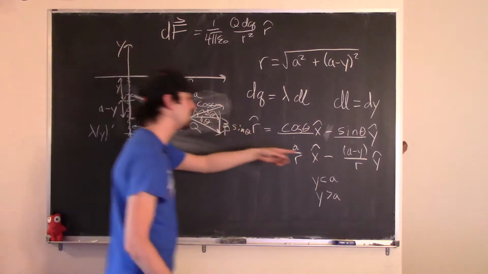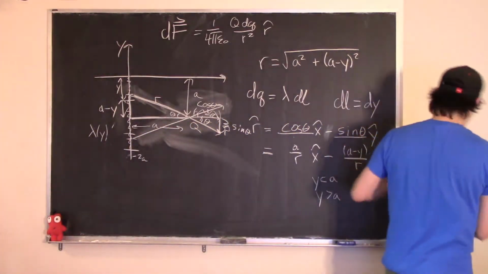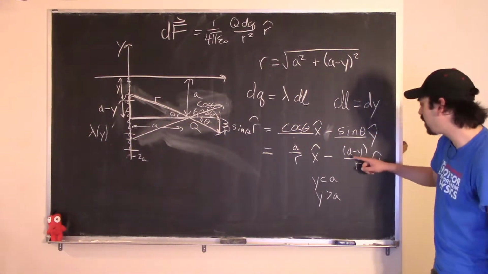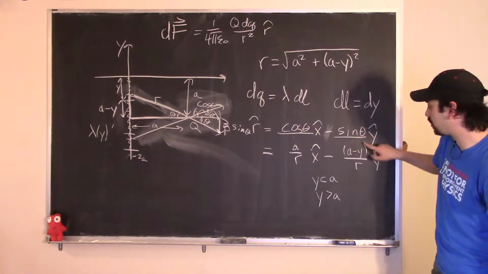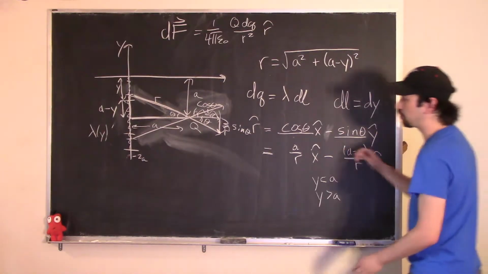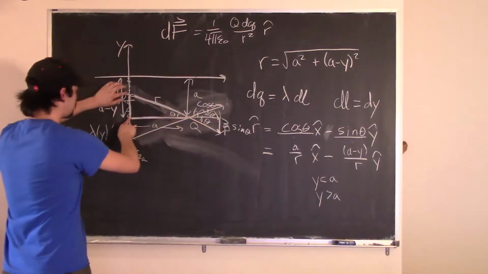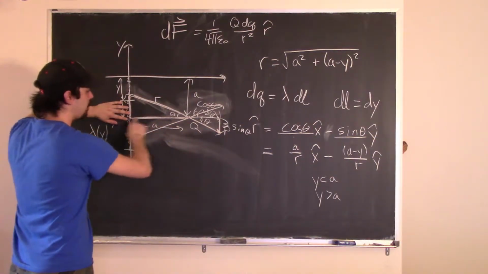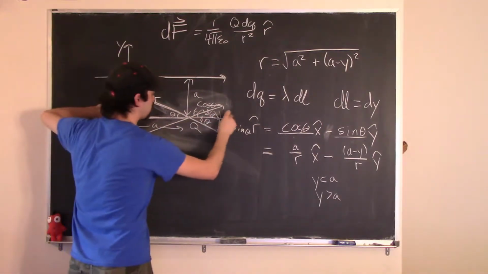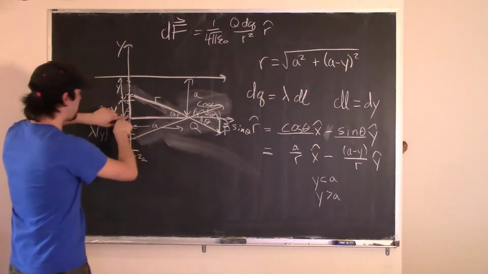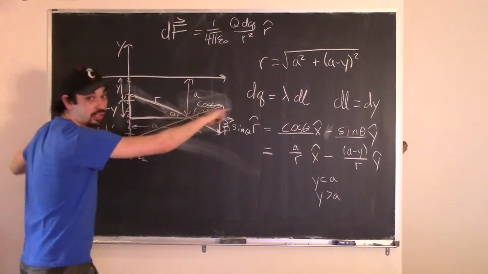We could also see that if we say that y is equal to a, then this is going to be 0. So when y is equal to a, so that's this point here, then what we see is that this is just going to point in the x direction. Again, when I'm at this point, that's what I should have.